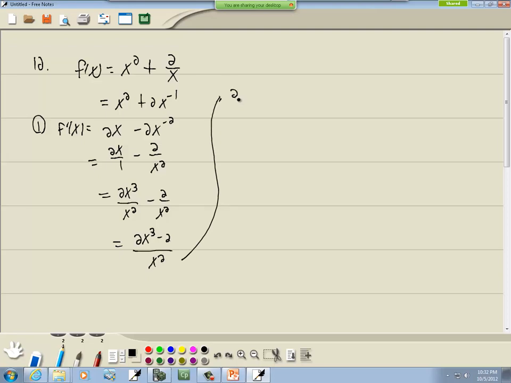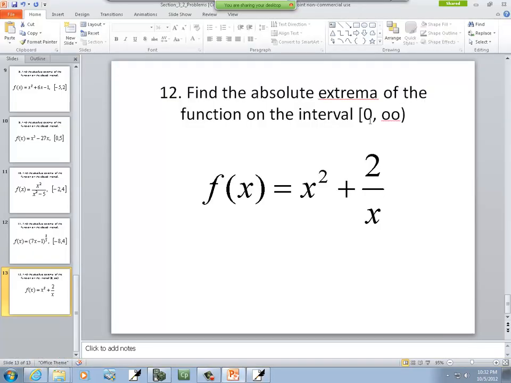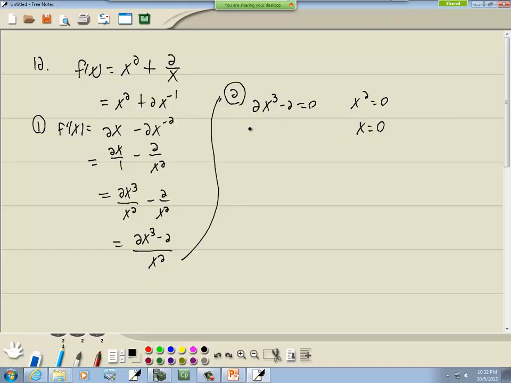Now for a critical value, we're going to set top part equal to 0, and we'll set our bottom part equal to 0. Well, this one gives us x equals 0. That doesn't benefit us a whole lot, because we were going to use 0 anyway, because that's our beginning of our interval. Over here, I'll take -2 to the right side, becomes a +2.